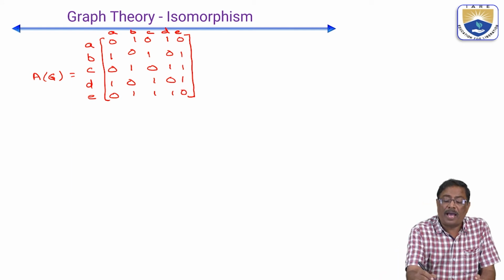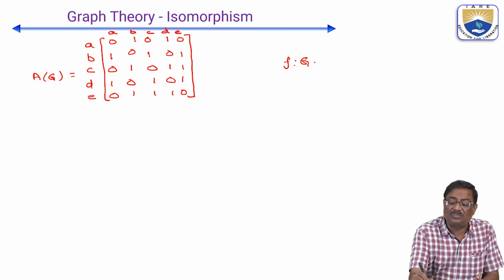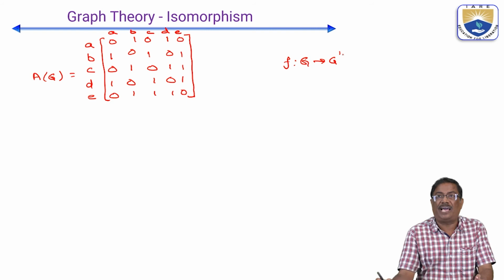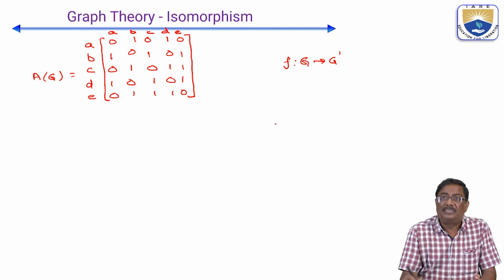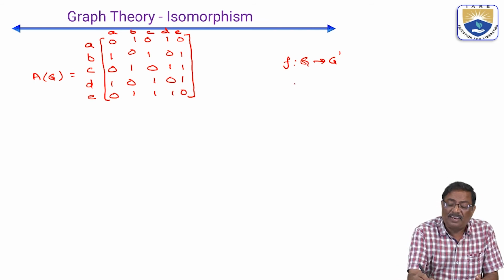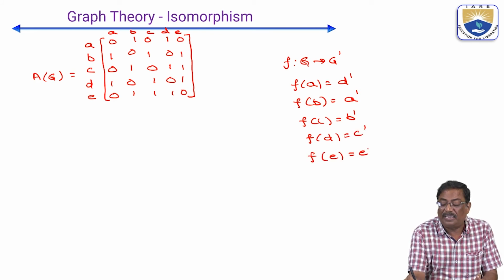Let me define the mapping function f from G to G dash. I define the images as: f of A equals D dash, f of B equals A dash, f of C equals B dash, f of D equals C dash, and f of E equals E dash.